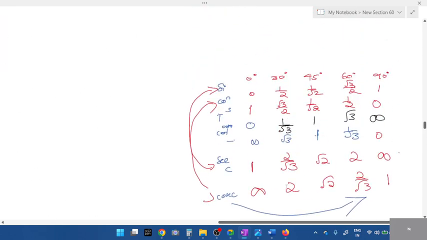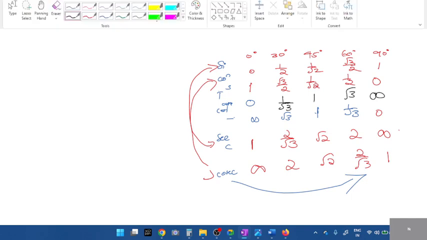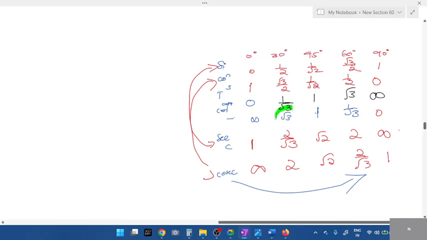Look at the table. Let us check the table. Which one has root 3 in it? Tell me which one. Can you see cot 30 and which one? No, cot 30 and tan 60, right? Both have root 3.